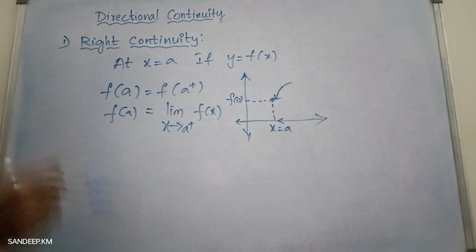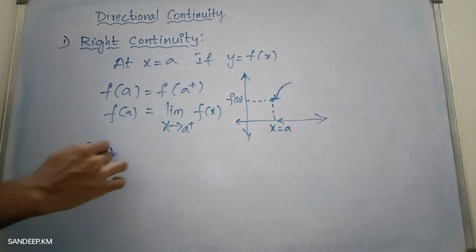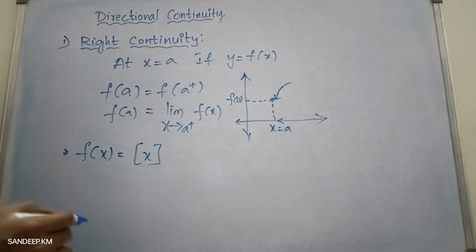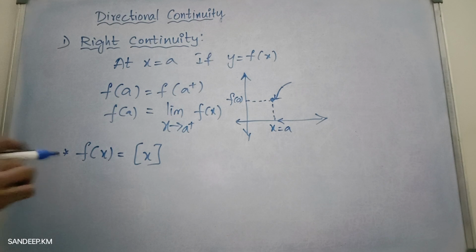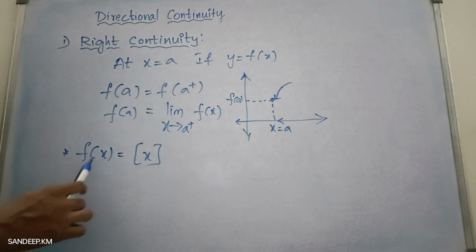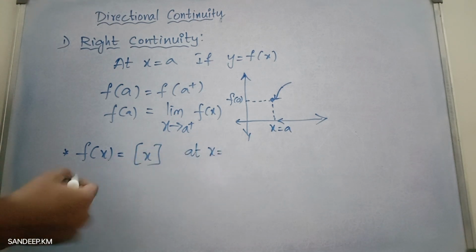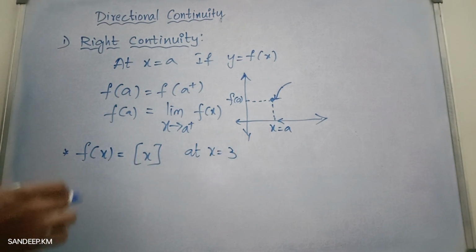One of the best examples for right continuity is f of x is equal to step x, the greatest integer function. So let us check the continuity of the greatest integer function at x is equal to any integer, for example at x is equal to 3.